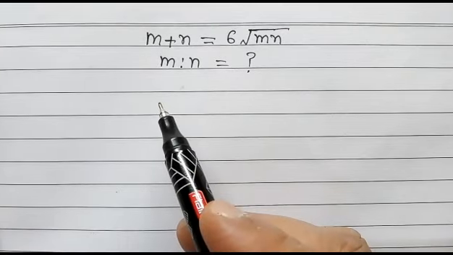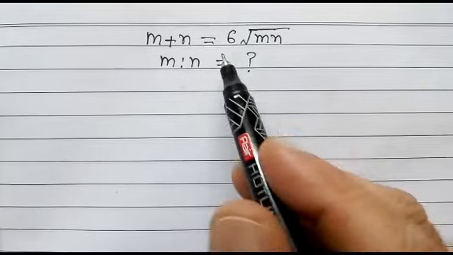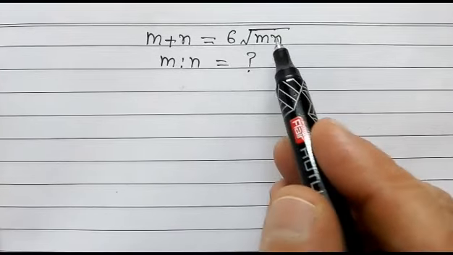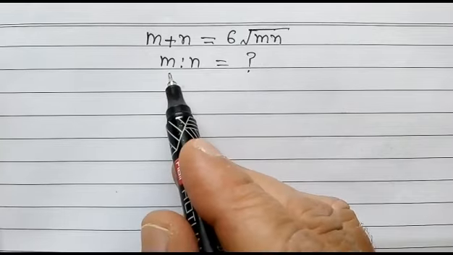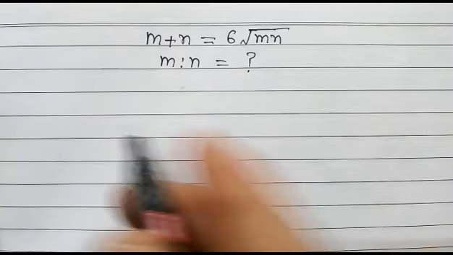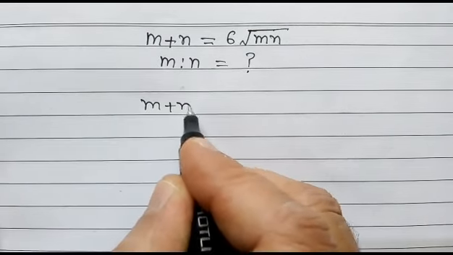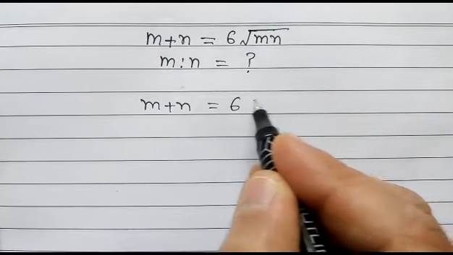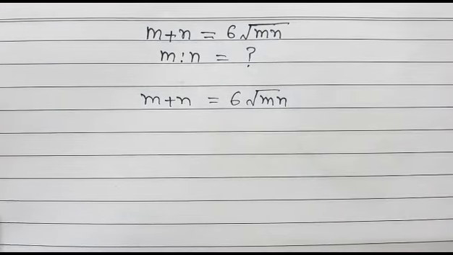Hi friends, today we have a nice problem. We are given m plus n is equal to 6 times the square root of mn, and we have to find the ratio m to n. So let's start. As given, m plus n is equal to 6 square root of mn.